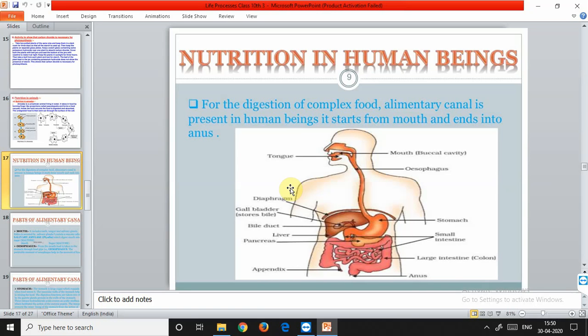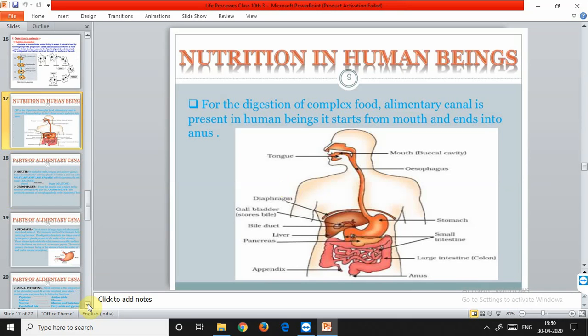The roof of it is a hard plate, and from there the tongue is hanging. So what is the purpose of the tongue? The salivary glands are present there, and salivary glands are very important as 30% of the digestion is done by the salivary glands. The enzymes that are secreted by the salivary glands are ptyalin and salivary amylase.